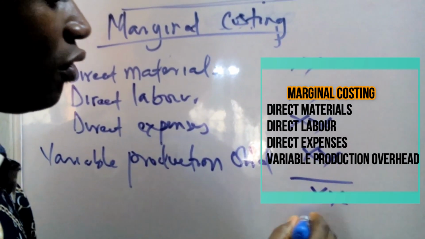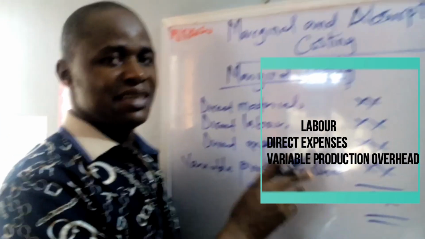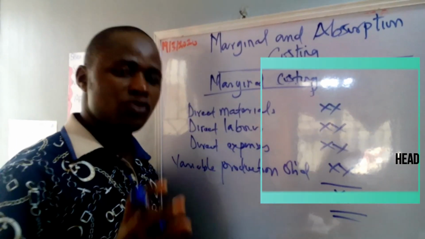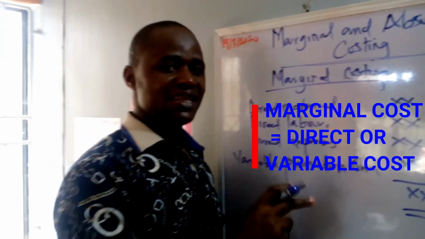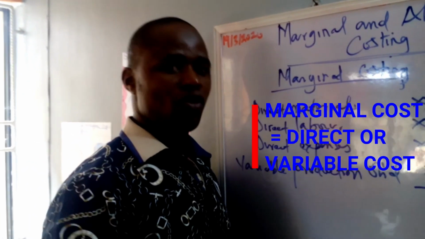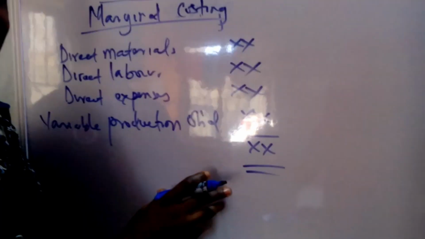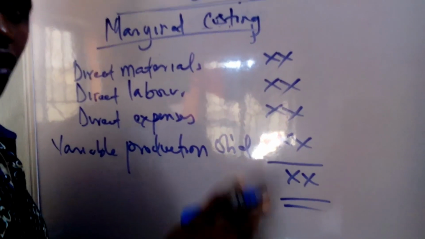The summation of these four basic elements will give us the marginal cost of a product. Also note that in accounting, marginal cost means direct or variable cost.